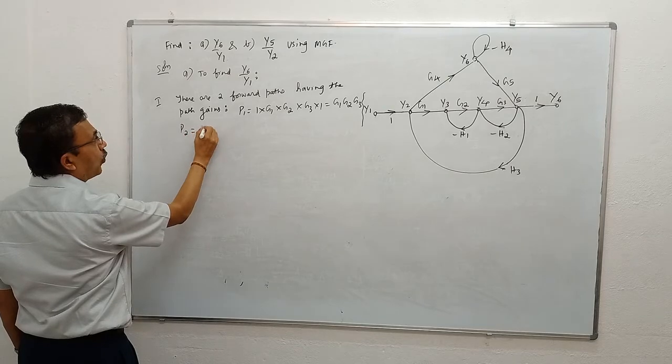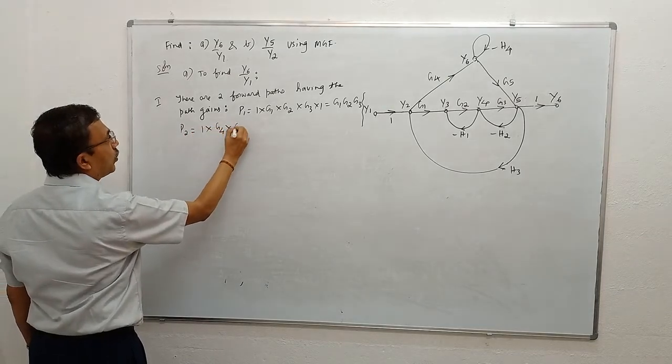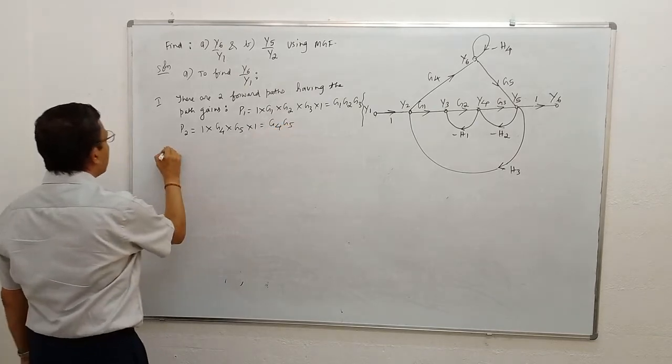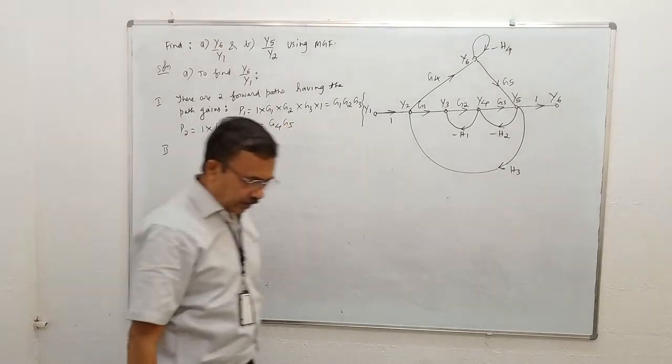P2 equals 1 into G4 into G5 into 1 equals G4, G5. Next we'll see how many loops are there.